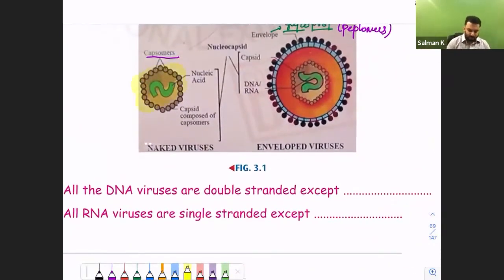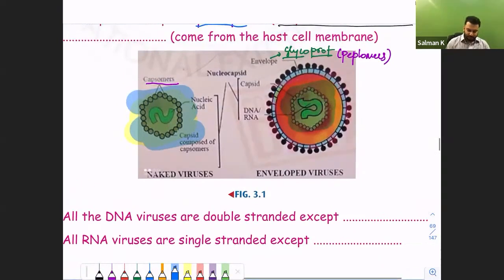It is present here also, and here also. The extra thing is the envelope, that's all. An envelope is made up of glycoproteins. And you should know which of the two is the stronger virus.